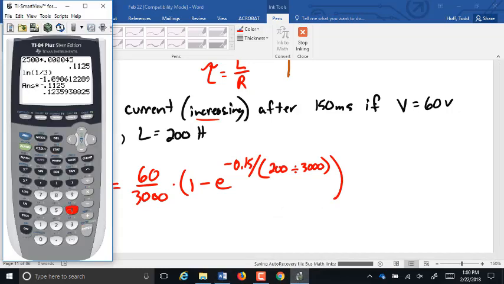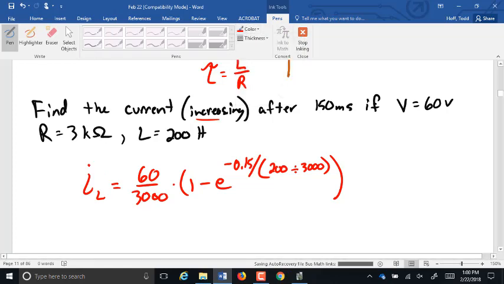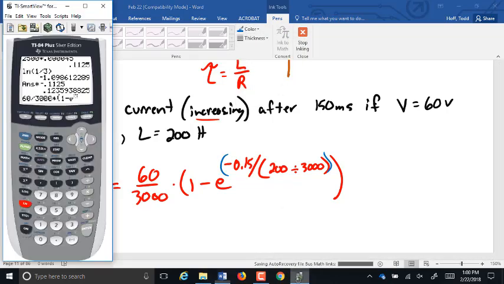So to punch this in, it's 60 divided by 3,000 times parentheses 1 minus second ln to get my e to the power of. Now I'm going to add a set of parentheses around my exponent again, just to make sure. So I have parentheses negative 0.15 divided by parentheses 200 divided by 3,000, close parentheses and close parentheses, get out of my power and then close parentheses again.